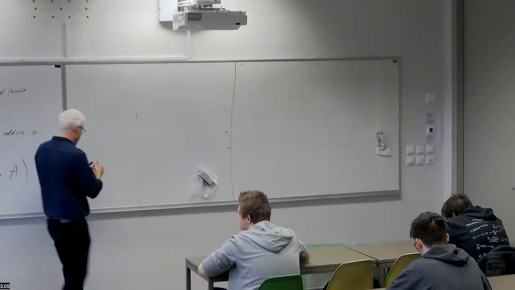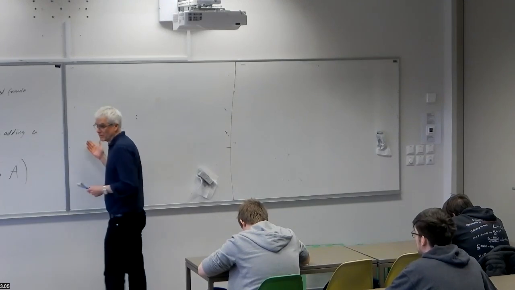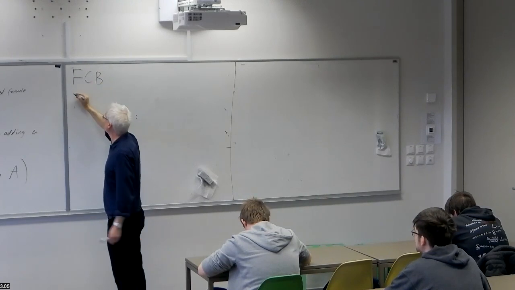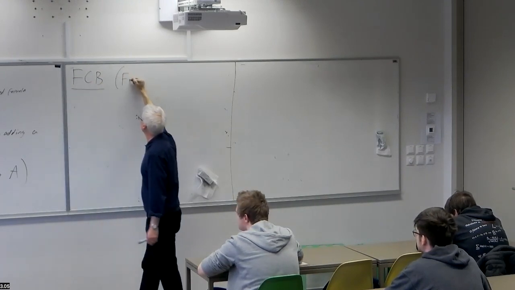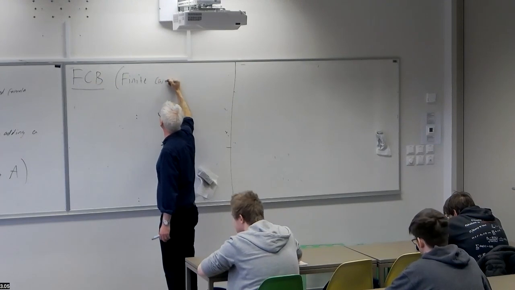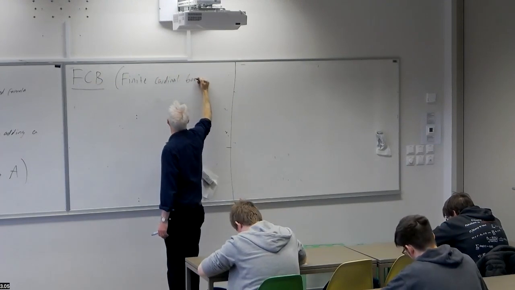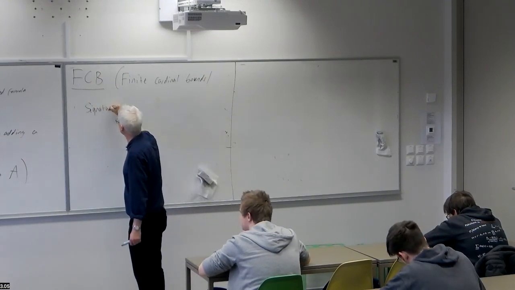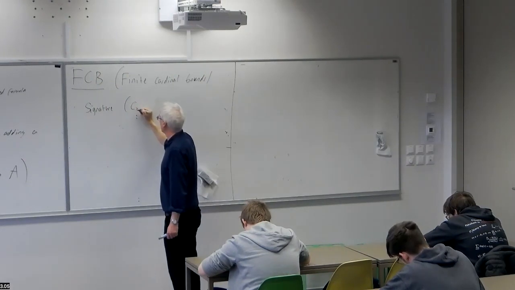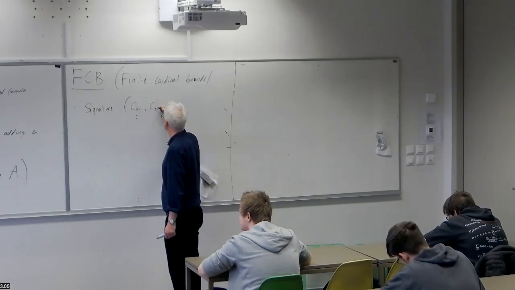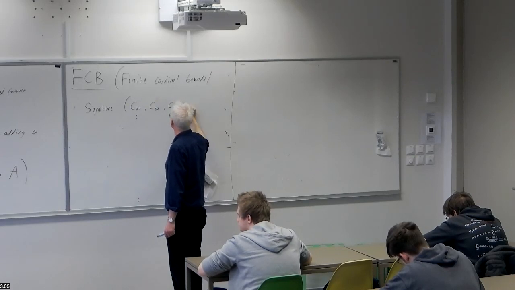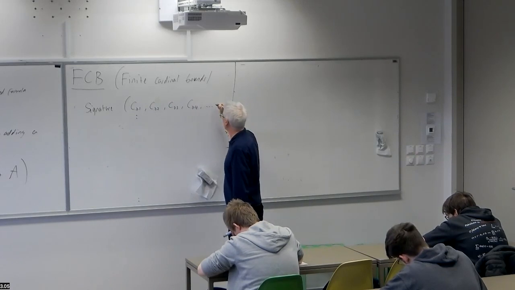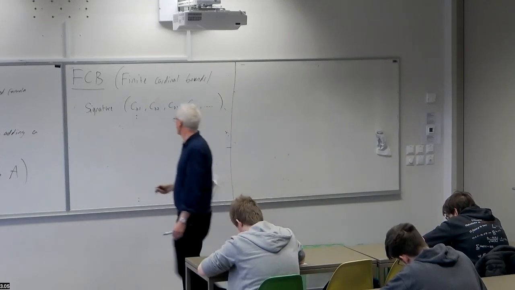Right, so what we're going to do is work with a theory, which is my name for the theory. It's not normally given any name at all, but I thought it's useful to have a name. So FCB, I call it finite cardinal bounds. The signature is, I'm going to add lots of zero-arity predicate symbols, one for each natural number n greater than or equal to 1.